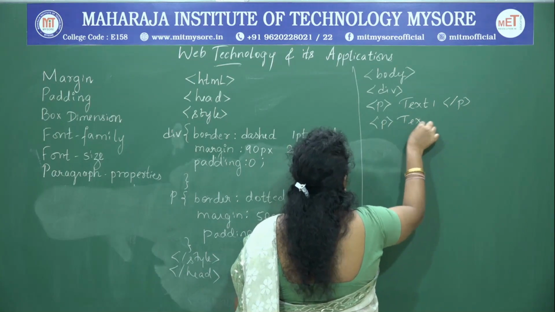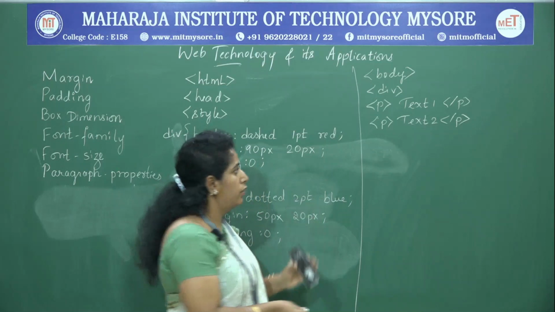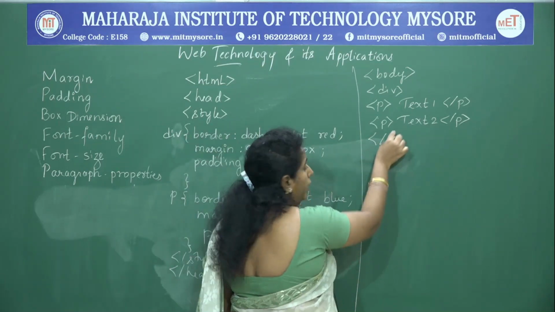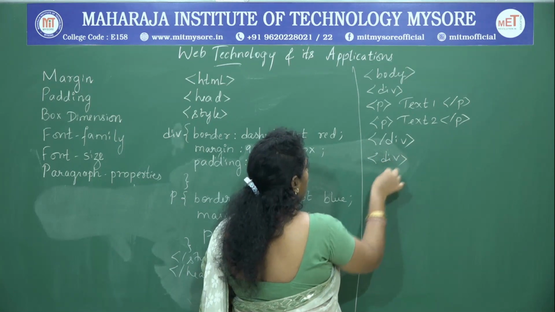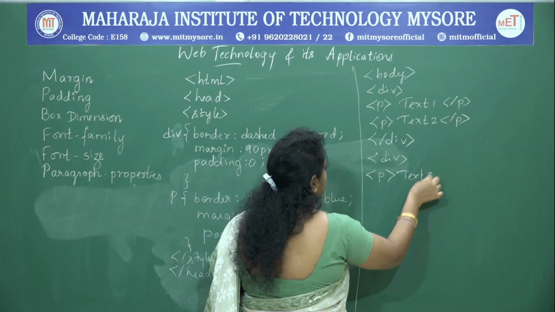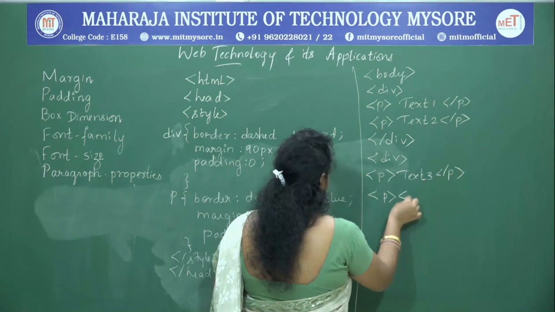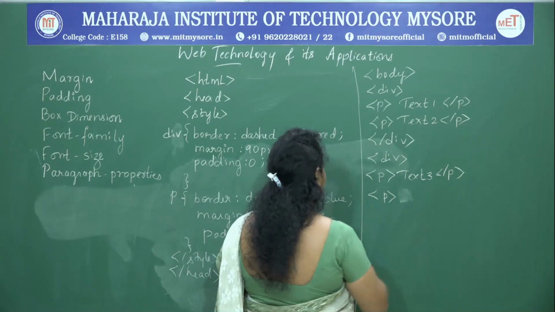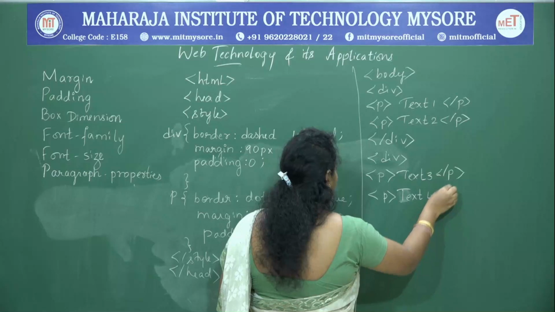Paragraph text 2. Getting text 1 and text 2. So finally close div, and again I am using one more div. So paragraph text 3 and also paragraph text 4.